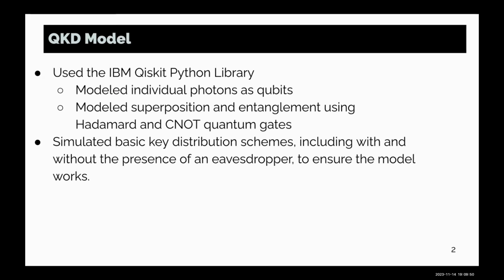The first step to our project was to implement the standard quantum key distribution model with code using the IBM Qiskit Python library. We modeled individual photons sent between the two parties as standard qubits, and we were able to model photon superposition and entanglement using the Hadamard and CNOT quantum gates. To ensure that our basic quantum key distribution scheme functions, we simulated the scheme with and without the presence of an eavesdropper, which QKD is designed to detect.